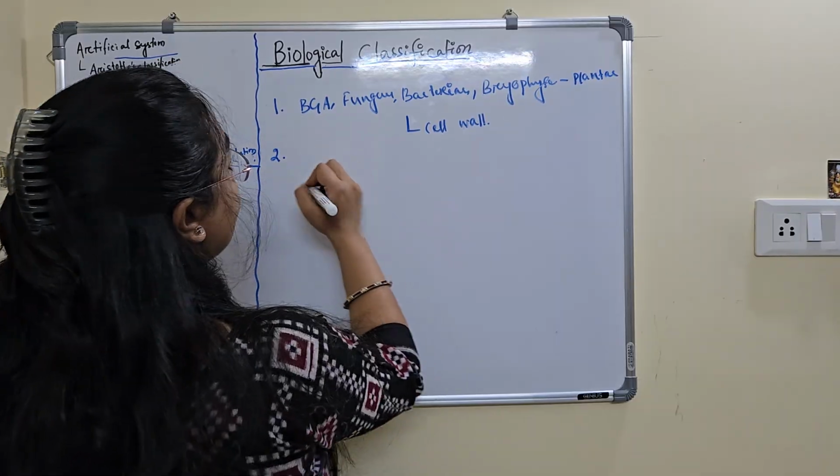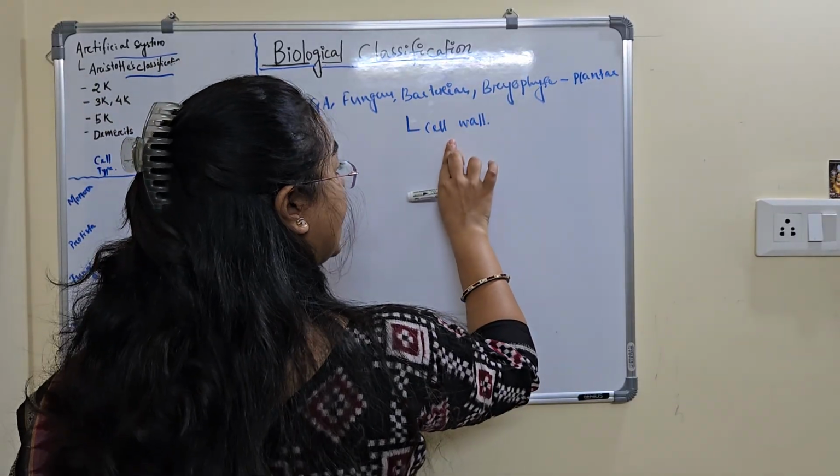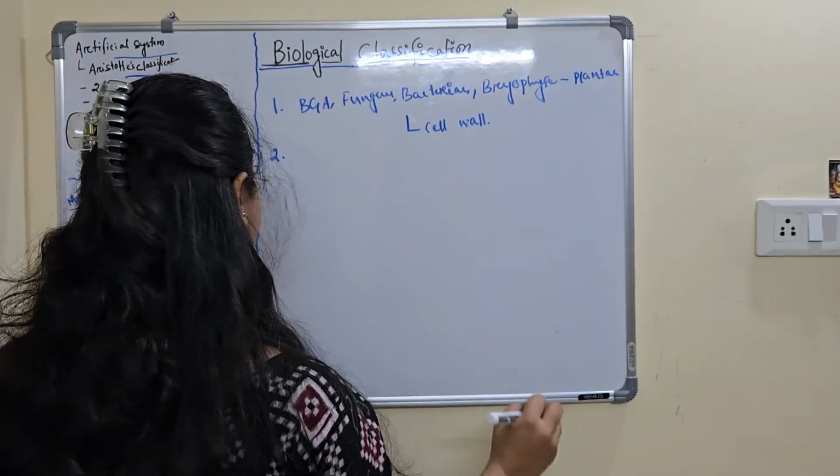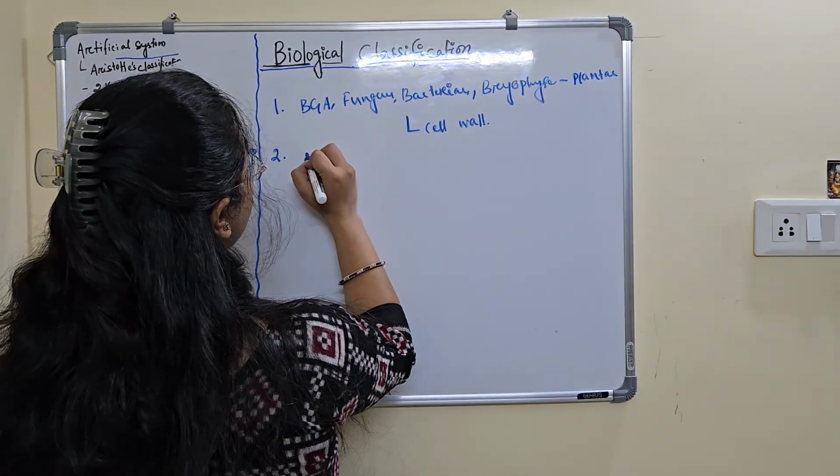Something that has a cell wall, he put it under the kingdom Plantae, but that is not a correct method of classification, right?